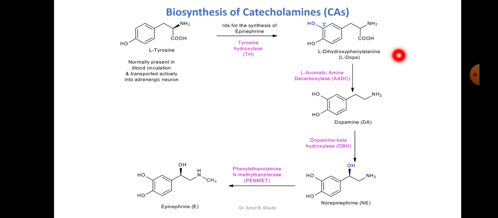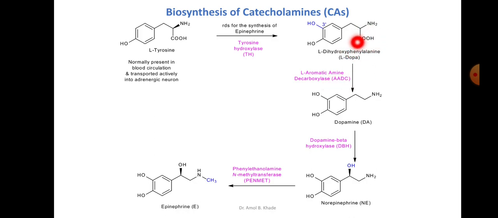Now once this L-DOPA is formed, L-DOPA will be converted to dopamine with the help of L-aromatic amino acid decarboxylase, which is also referred to as AADC. As the name indicates, it will decarboxylate the L-DOPA.